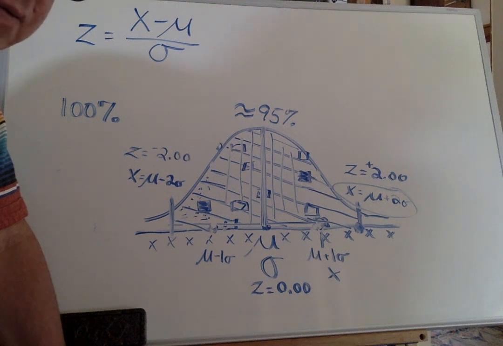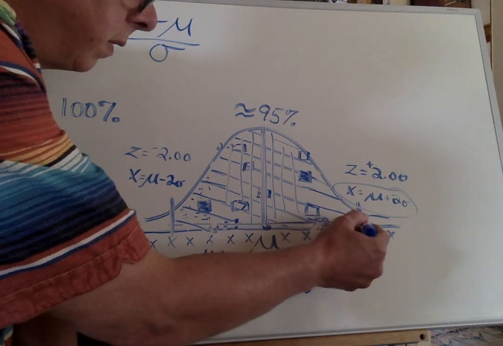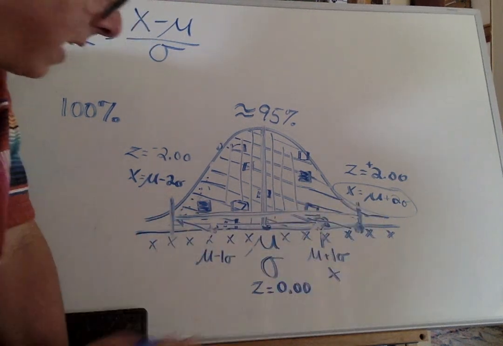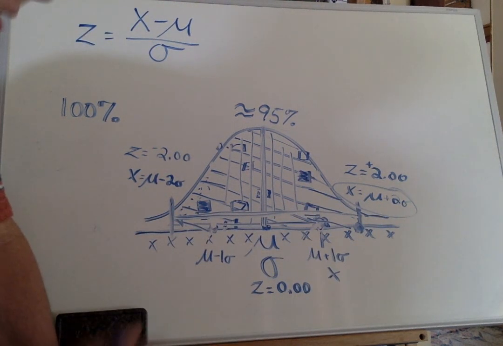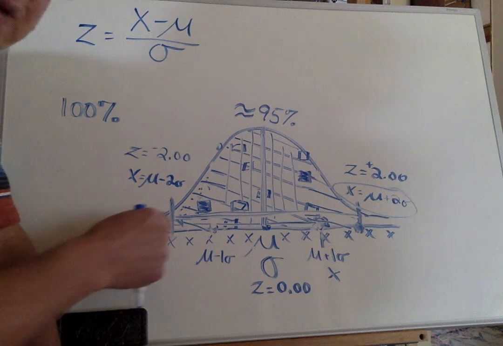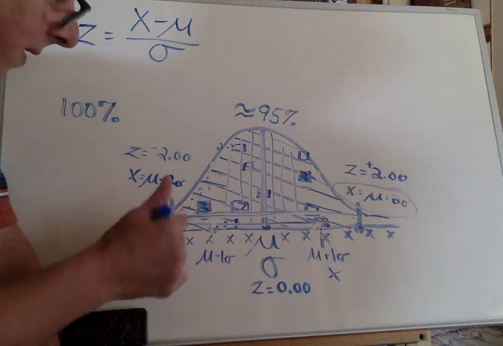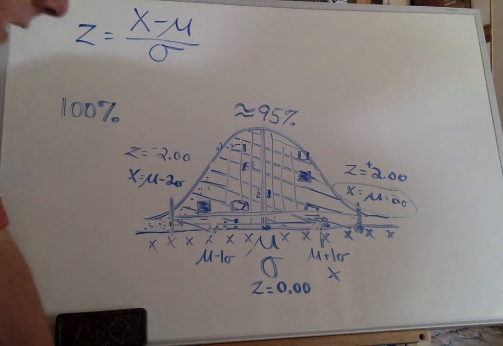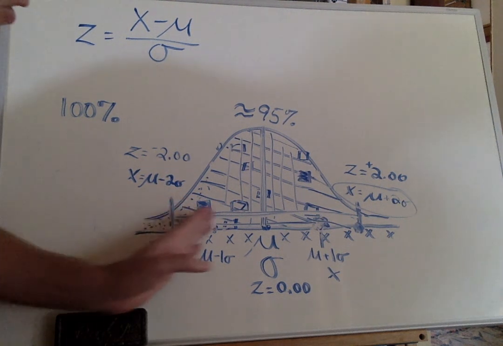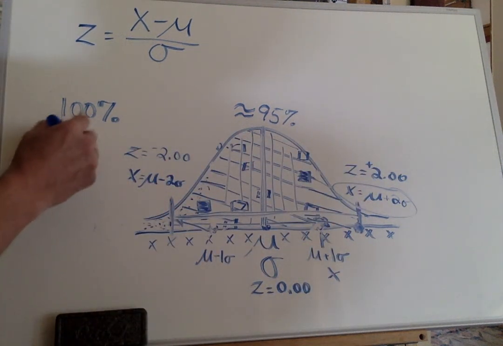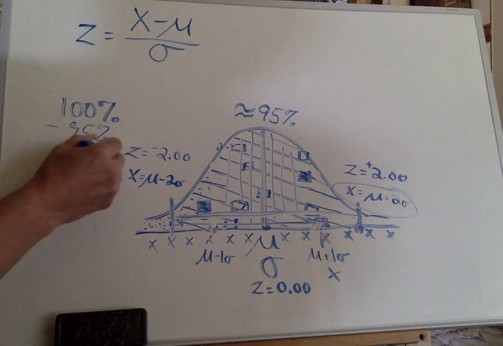Everybody got it? That would include these 95%, but we can't forget this tail here. So it'd be 95% plus whatever is in this tail, and in fact, what is in that tail? Well, here's 95% between a z-score of -2 and +2. What's left over? 5%.